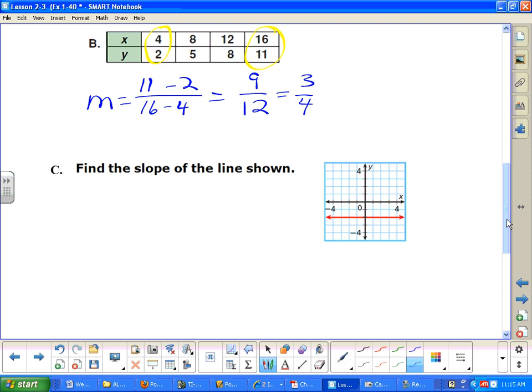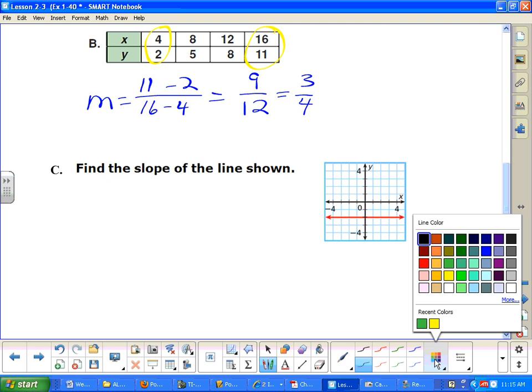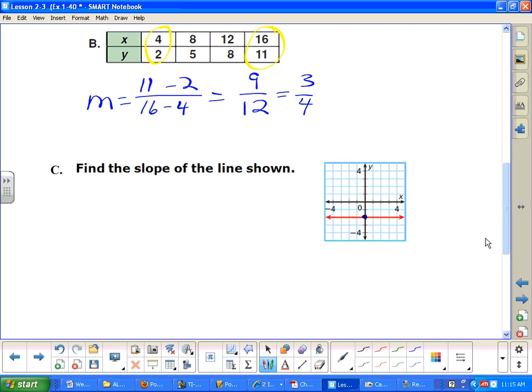Okay, so let's pick 2 points. Let's use this point here. So that's the point 0, -2. And we'll pick another point. What's another point I could use? Okay, 1, -2, or 2, -2. Let's use 1, -2.